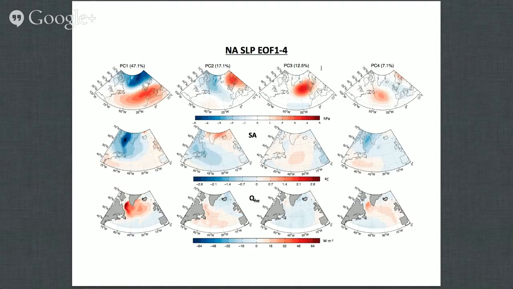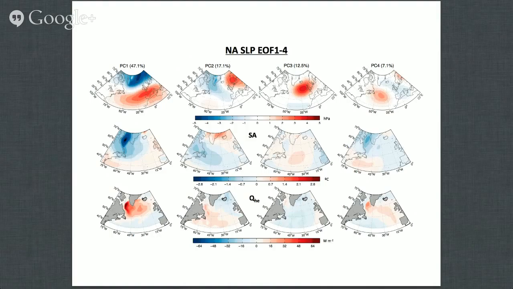The third pattern is the Eastern Atlantic pattern, centered west of England. And PC4, the fourth mode, is centered in the western North Atlantic.